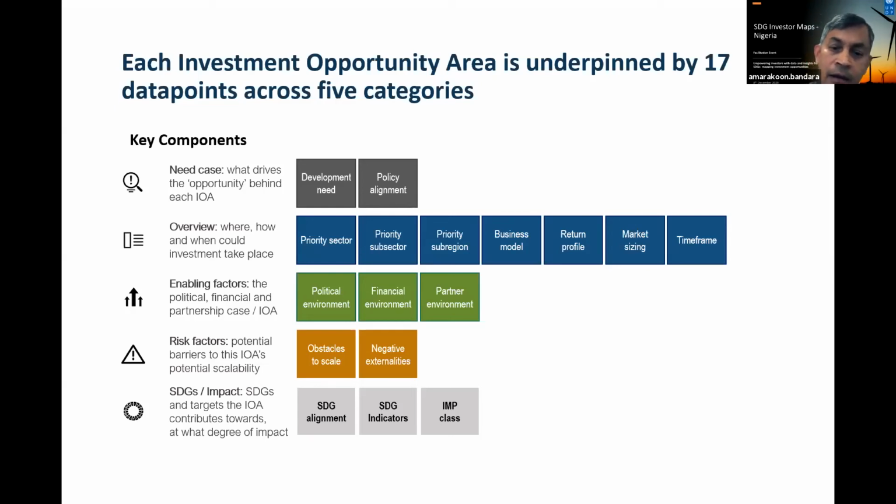Of course, there are obstacles to scale, and also there are negative externalities. We will go into details of some of these in the next slide. And then we looked at how they are linked to the SDGs, or what is the impact of these investments on SDGs: SDG alignment and impact on SDG indicators, as well as IMP class.